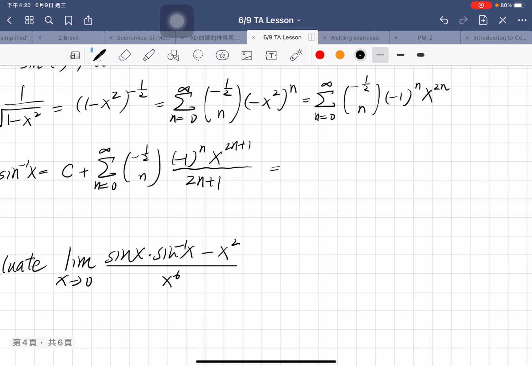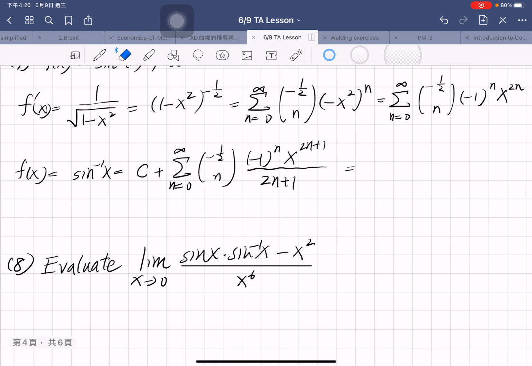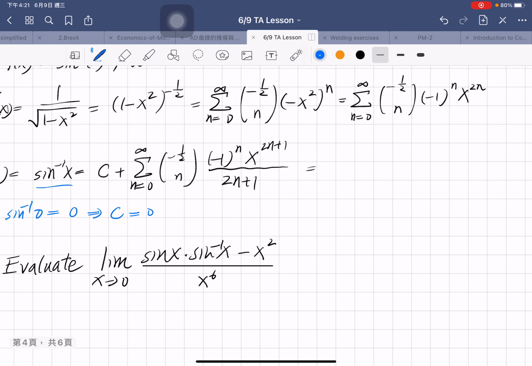So then you can plug in 0 to find your constant c. Because now we have arc sine, arc sine 0 will be 0. So our c will be 0. Okay, because you plug your x equal to 0 inside.